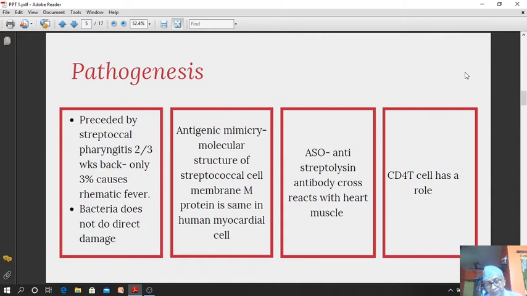Due to this similarity in cross antigenicity, the heart cells, the myocytes, are affected. We get anti-streptolysin antibody which cross-reacts with the heart muscle. Also, the CD4 helper cell is supposed to have a role in this pathogenesis.